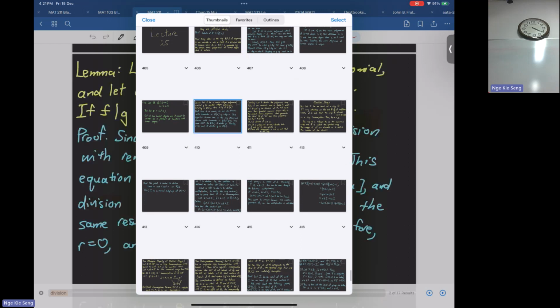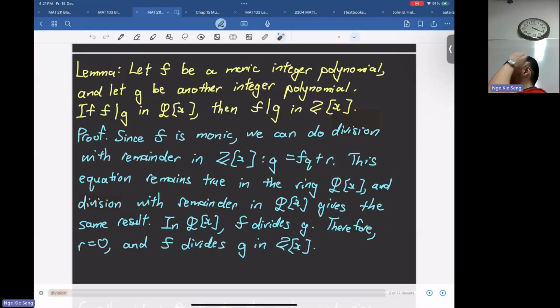Okay, there are two points here. There's one lemma here. If f is a monic integer polynomial, meaning it's monic and all the other coefficients are integers, and you have another integer polynomial g, and you can divide f by g in the rationals, that means you can also divide f by g in the integer polynomials.